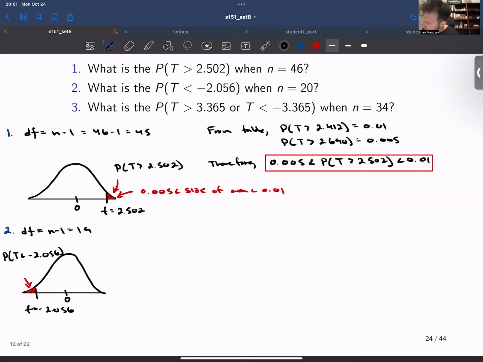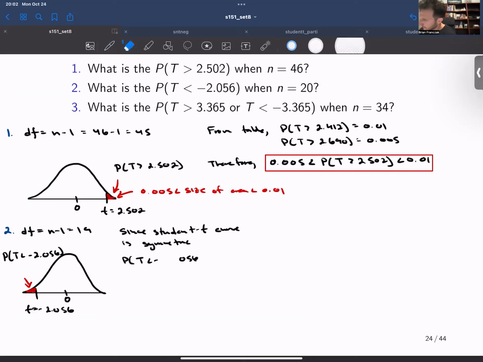Because the curve is symmetric at 0, I can say, since the student T curve is symmetric, the probability T is less than negative 2.056 is equal to the probability that T is greater than 2.056. Right? So this is the same size.